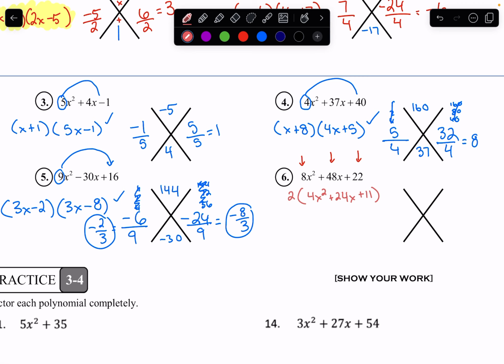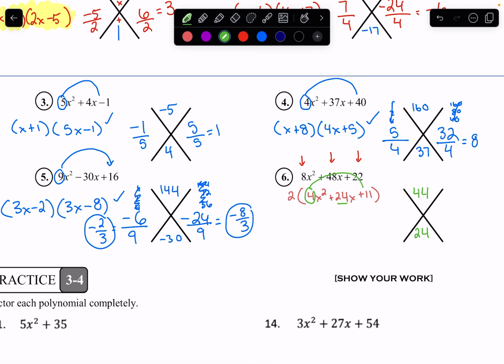So I got something to factor out, but I still have a number in front of the x squared, which means I'm not done yet. I've got to do what I did in all the other problems. I've got to take that number 4 and multiply it by 11 and put it on top. And then I've got to put the 24 on the bottom.